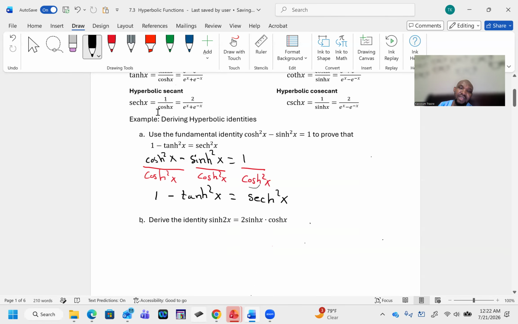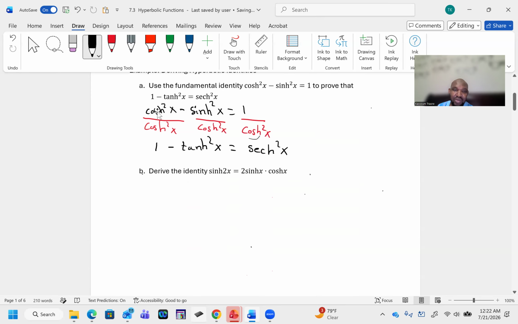Okay, and then for b, we are asked to derive the identity hyperbolic sine of 2x is equal to 2 times hyperbolic sine x times hyperbolic cosine x. So again, to prove this one, what do we know so far?